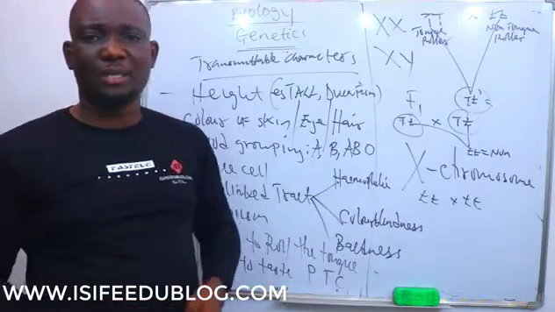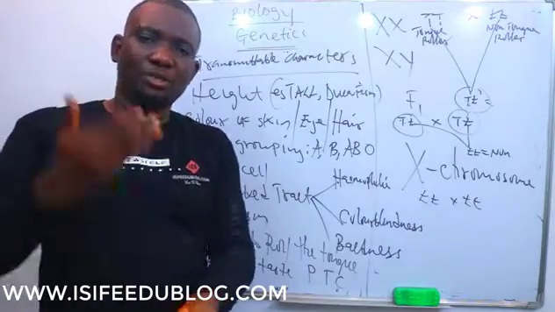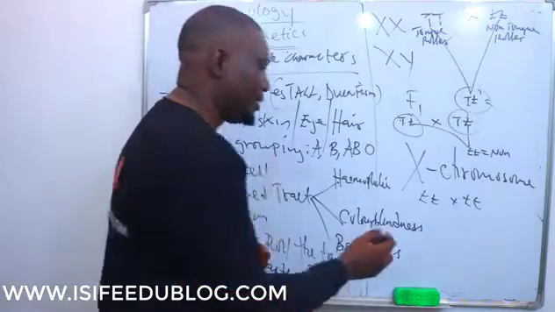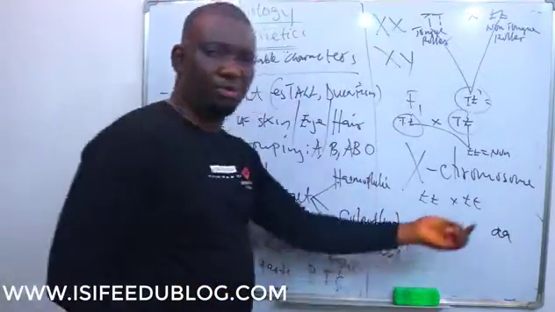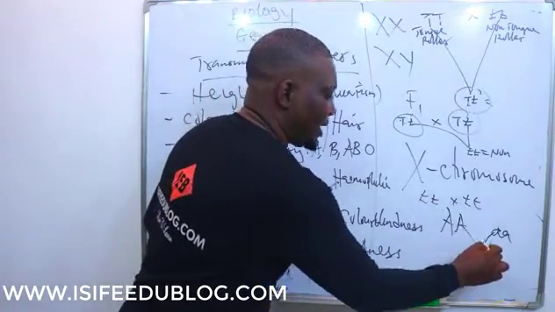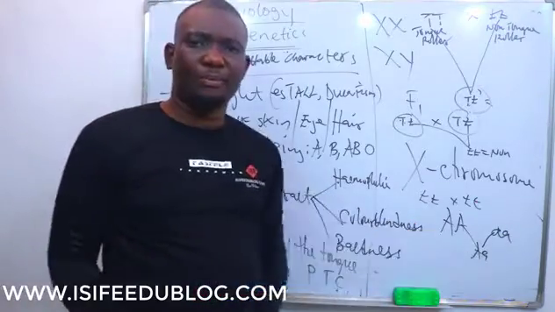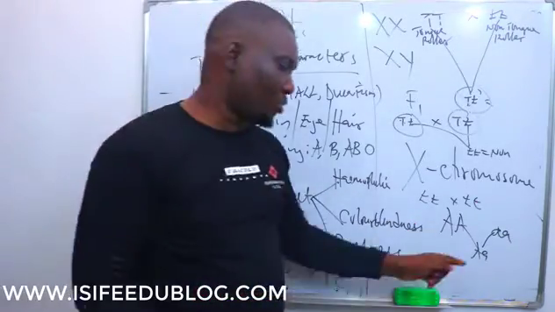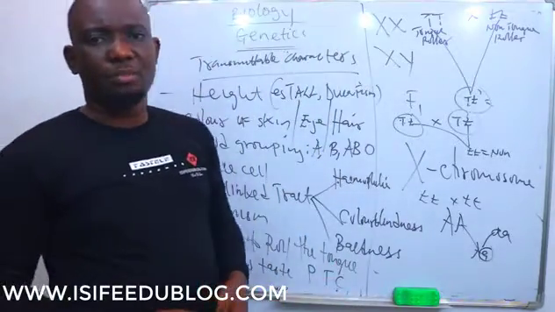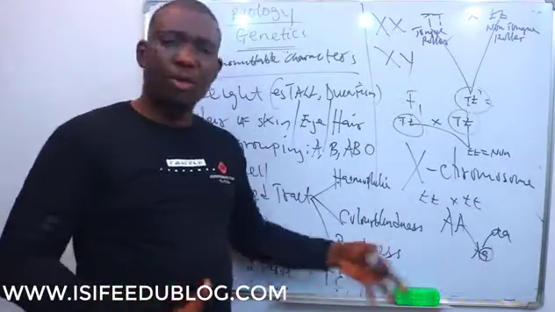Once you are a carrier for this trait, your skin cannot be albinic. It is not a case of albinism. Remember I told you earlier that albino is controlled by a recessive allele, written as a small letter. Normal skin is the dominant, so the moment the dominant allele shows up in the genotype, the skin is normal. But the individual still carries the trait. Because the dominant characters are paired with it, it will not express.